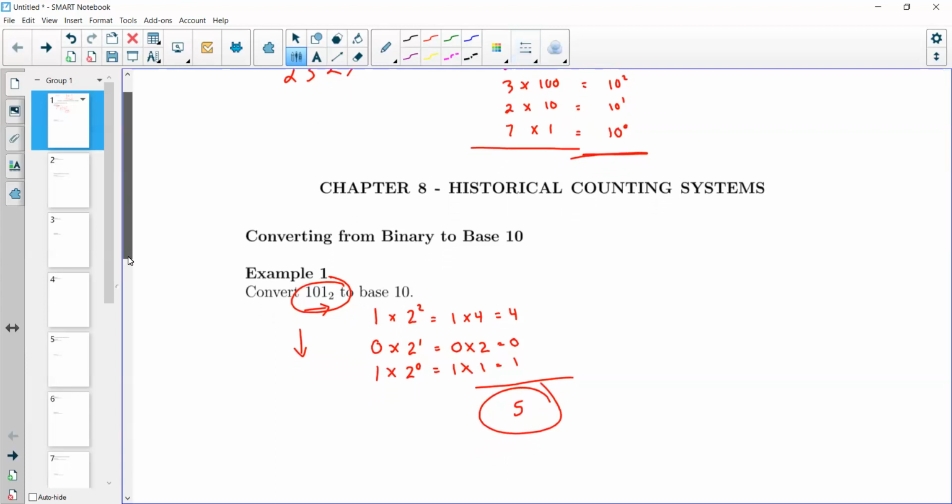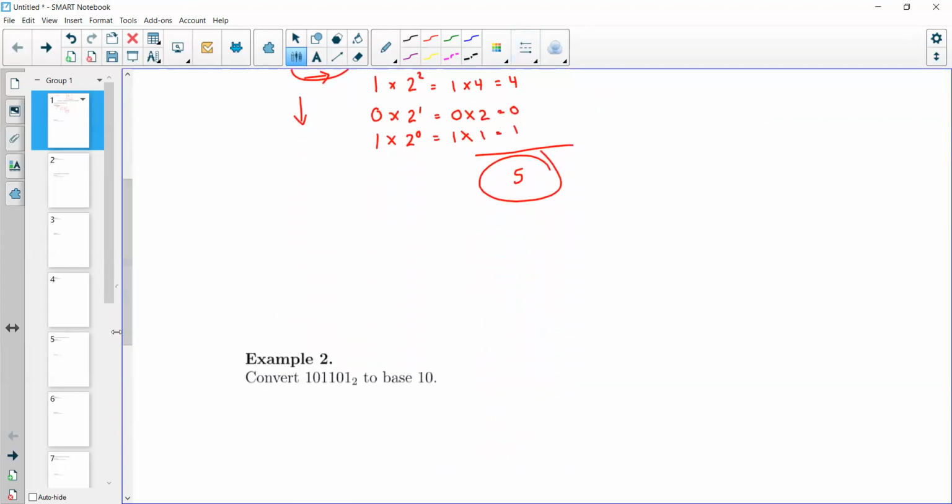So let's look at another one of these. Same principle. I have 1, 0, 1, 1, 0, 1. And I'm base 2, so I multiply by 2 to the 0, 2 to the first, 2 to the second, 2 to the third, 2 to the fourth, and 2 to the fifth. So this is 1 times 1.